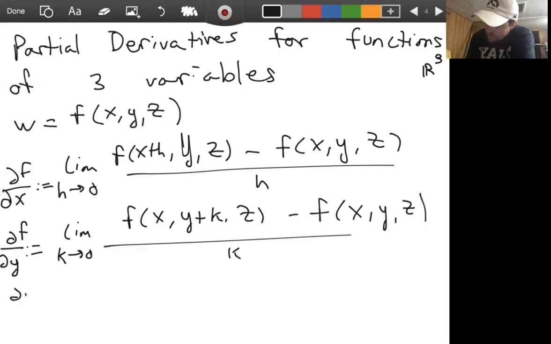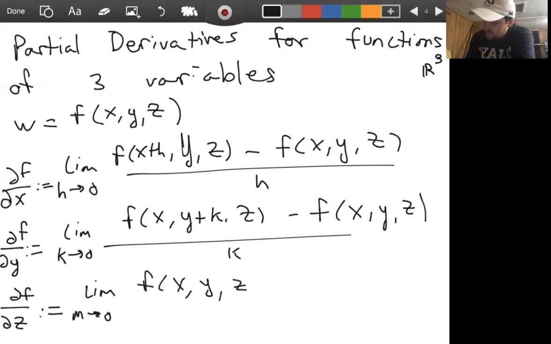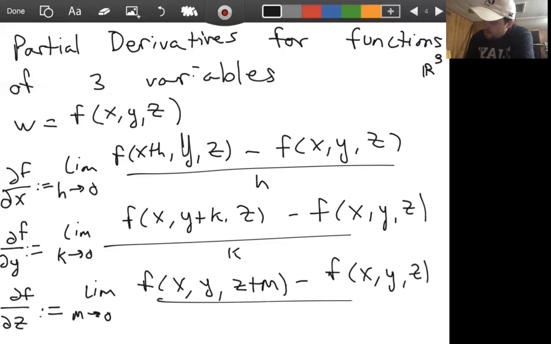And then we would now have the partial derivative of f with respect to z, which is the limit as, say, m goes to 0 of f of (x, y, z plus m) minus f of (x, y, z) all over m, right? And so we would have these limit definitions for partial derivatives of a function of 3 variables.